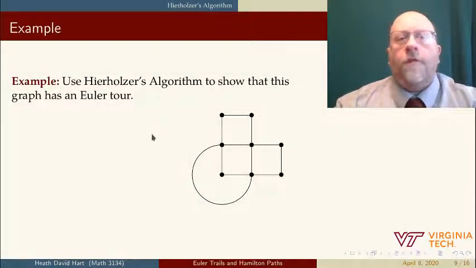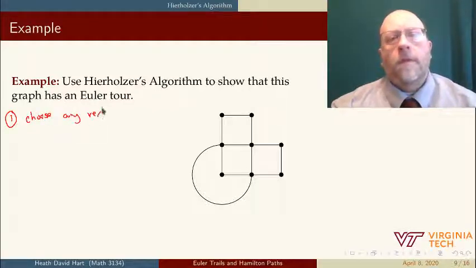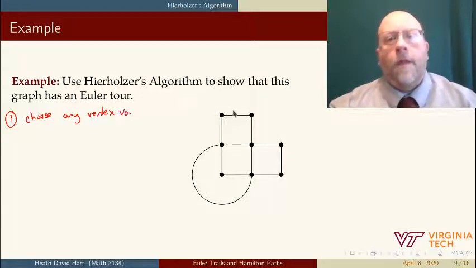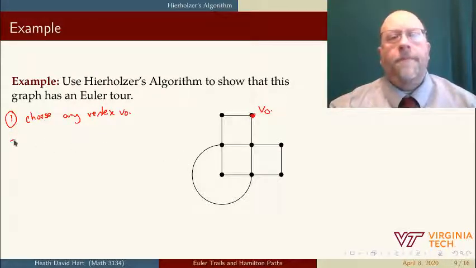So let's use Hierholzer's algorithm on this graph here. The first thing we do is we choose any vertex V0. So I'm going to choose this vertex here, and that's going to be my V0. Just start moving through edges until we get back to V0.